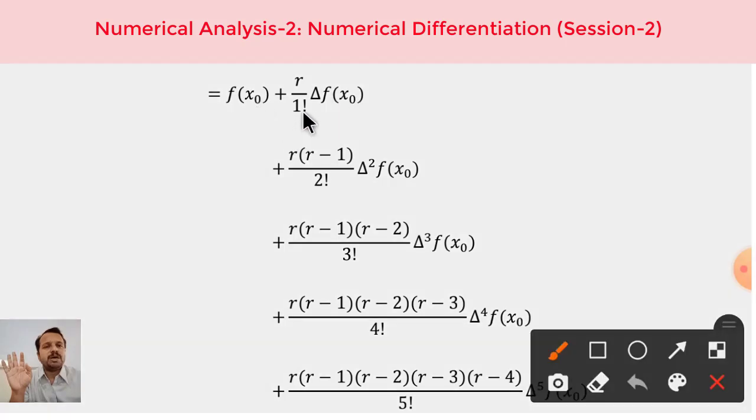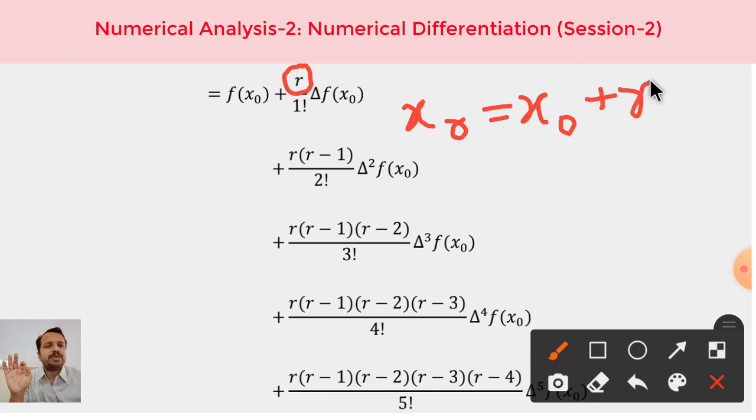So here r is very important. So what is r? We know that xr is equal to x0 plus rh. Just now I have explained this fact. With the help of this fact, I can get the value of r. So r is equal to xr minus x0.